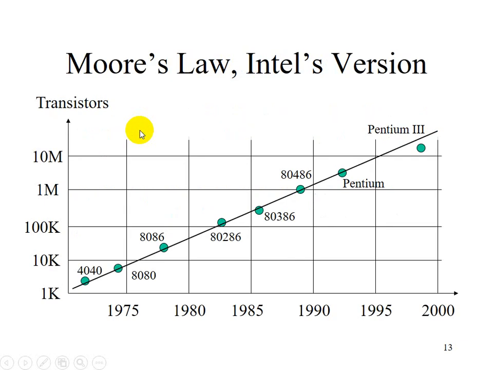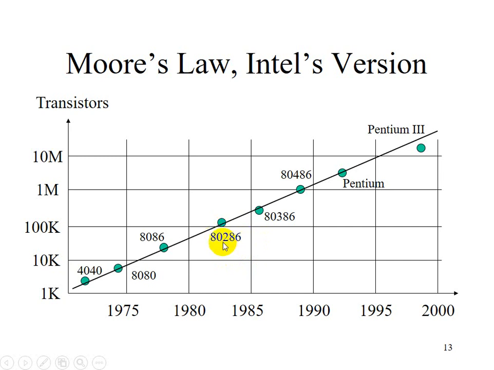In the early stage, there were chips like the 4040 and 8086, 80286, all these early computers. My personal computer was a 286, somewhere in 1989.